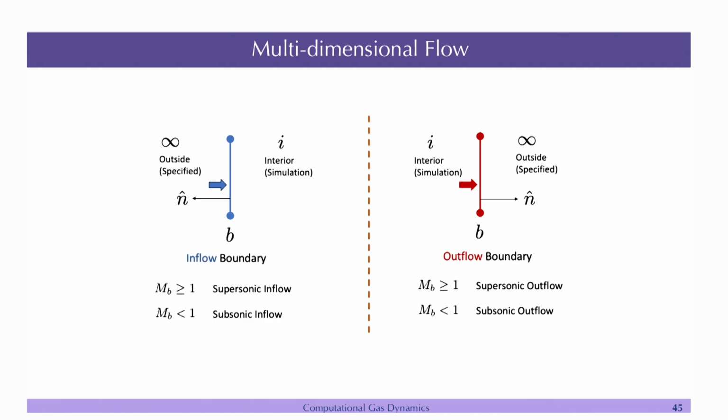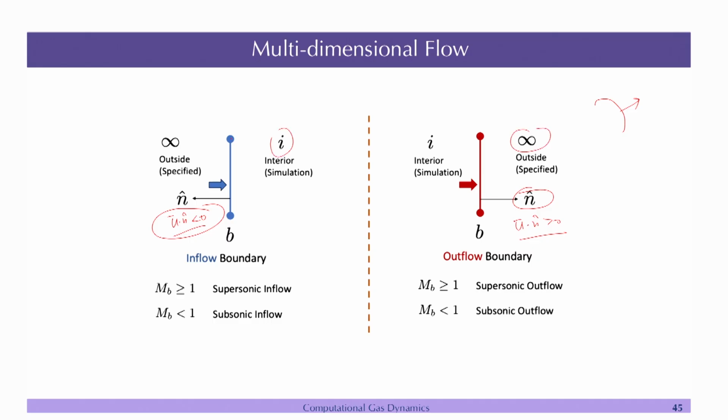Now, let us come to the multidimensional flow. What happens there? As I mentioned earlier, you always have to look at the normal value, u dot n. If it is inflow, then u dot n is negative. Here u dot n is positive, and this is outflow, where I is interior and infinity is outside.